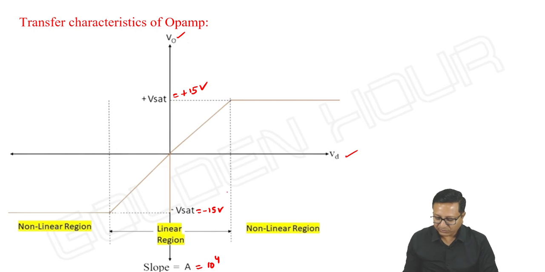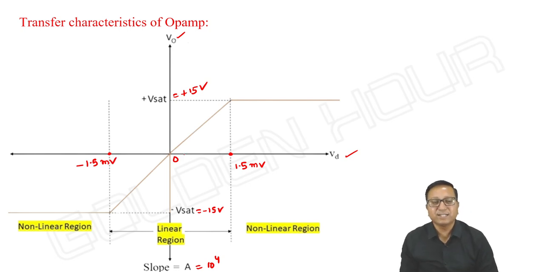And how long can we use this equation? The maximum value of input is 1.5 millivolt, the center is 0, and the minimum value of input is minus 1.5 millivolt. Within this range, we can use this equation: output is equal to A into VD. And what about this angle theta?